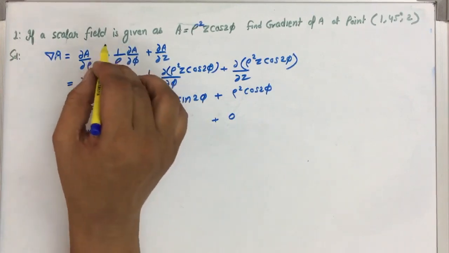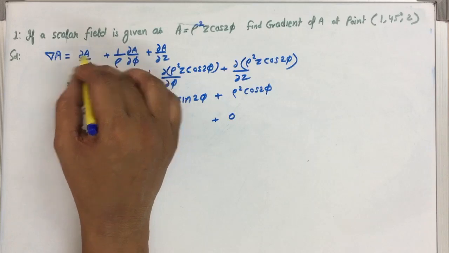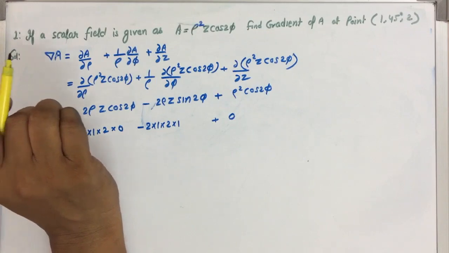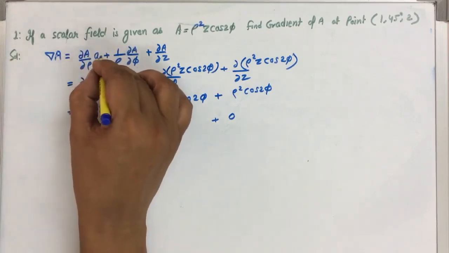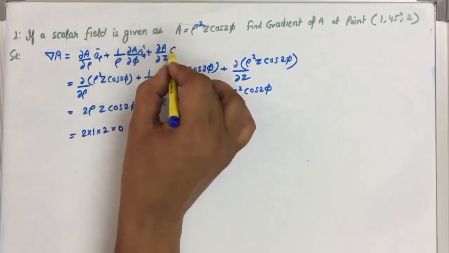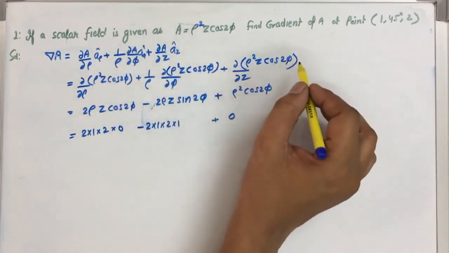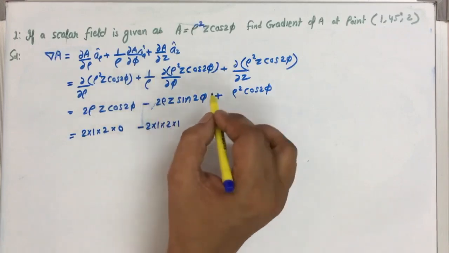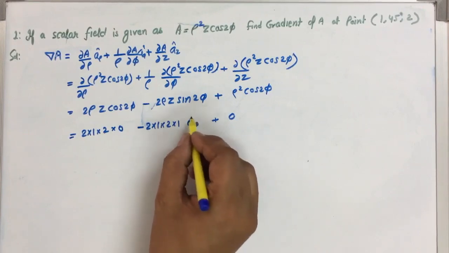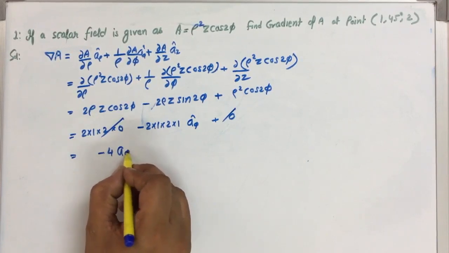I forgot one thing throughout the explanation, that was the direction, because the gradient of any scalar field is a vector quantity. So it will be in the direction of a rho, a phi, a z. So the final answer will be minus 4 a phi.